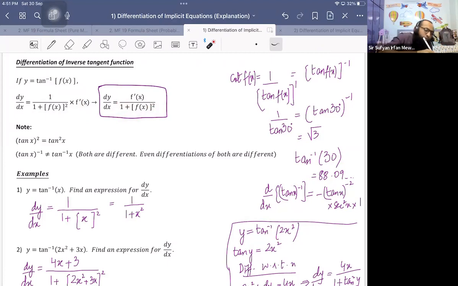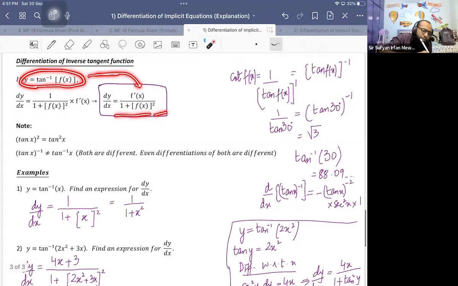Similarly, over here, the square of the function will come in the denominator, then we will add 1 to it, and the differentiation of the function will come in the numerator. So differentiation of tan inverse f(x) is f prime x upon 1 plus f(x) square.